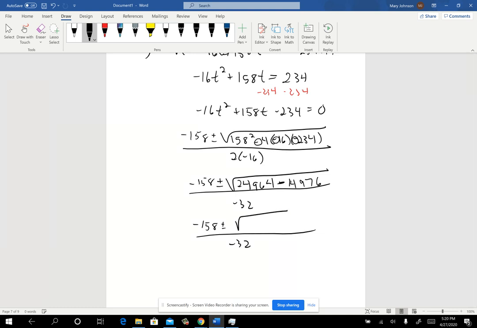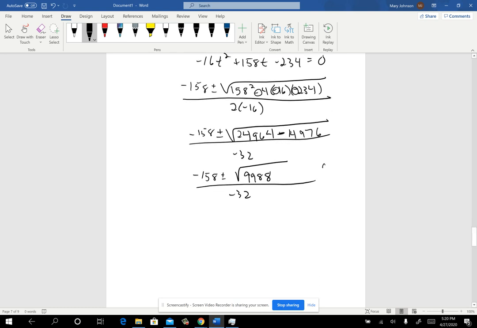So now underneath the radical, when you subtract those two numbers, you get 9,988 under the radical. You don't have to take that and try to break it up into 2 and whatever. Don't do that. You're supposed to get a decimal answer. So just take the square root of it on your calculator.